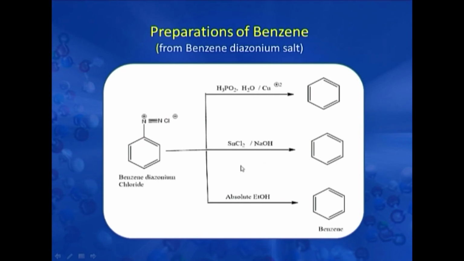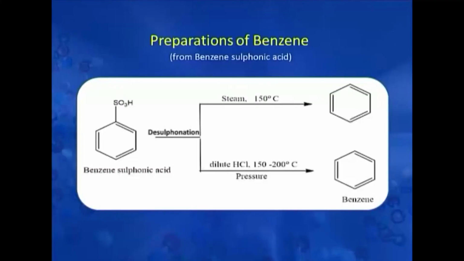Next most important procedure of preparation of benzene is from benzene sulfonic acid. When benzene sulfonic acid is steam distilled over 150 degree centigrade temperature, there is formation of benzene and the sulfonic group is eliminated. So, we call it desulfonation of benzene sulfonic acid.